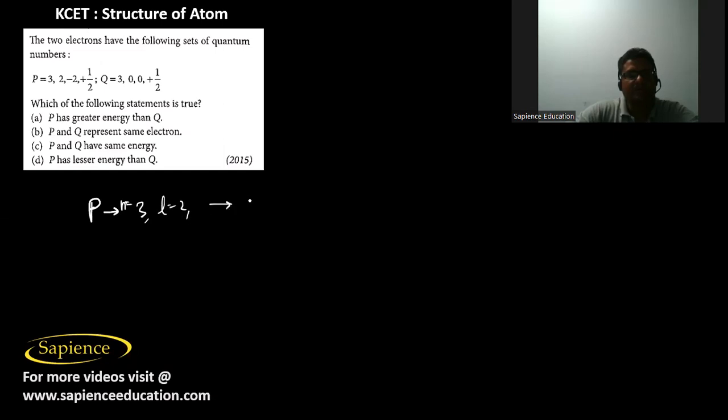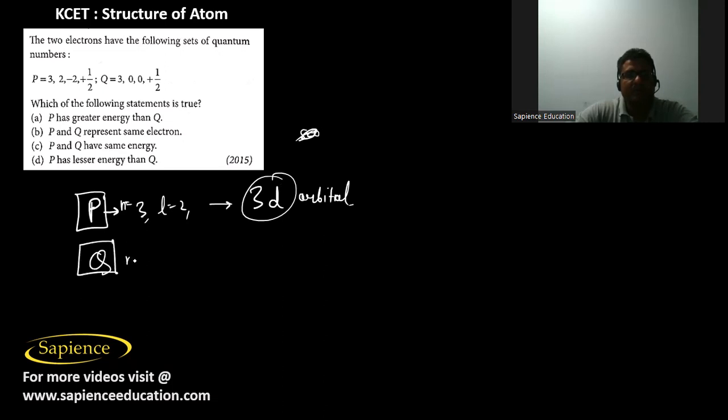Since for S, L is 0, for P, L is 1, and for D, L is 2, it is the electron in the 3D orbital. For Q, n is equal to 3 and L is equal to 0, so it is in the 3s orbital.